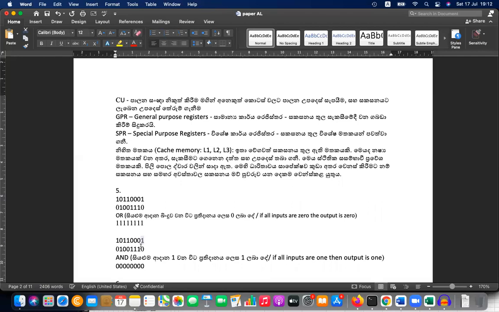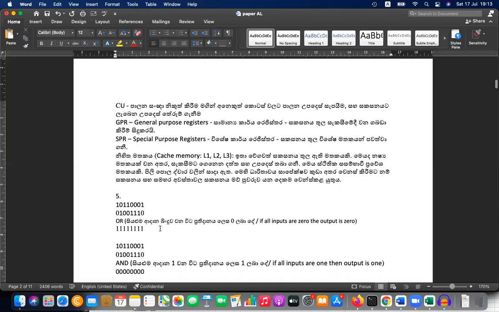Both of the respective numbers must be 1. In this case, no, nothing. So it's completely reverse, all zeros. Because 1 and 0, no. 0 and 1, no. 1 and 0, no. It needs 1 and 1, then only it's 1.